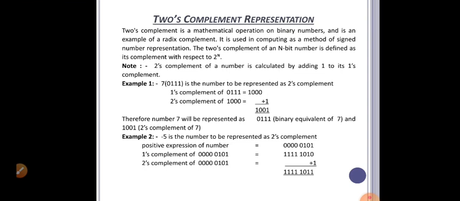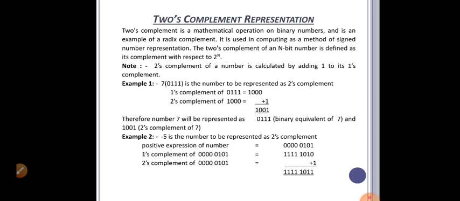Two's complement representation. First of all, the definition of this. Two's complement is a mathematical operation on binary numbers and is an example of radix complement. It is used in computing as a method of signed number representation.